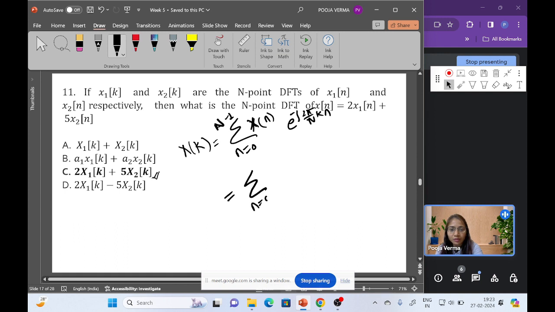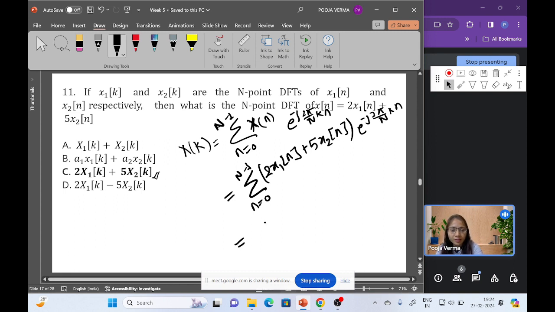So the sum over n equals 0 to N minus 1 of, in brackets, 2x1 of n plus 5x2 of n, because it is the value of x of n, times e to the power minus j 2 pi by N k n.